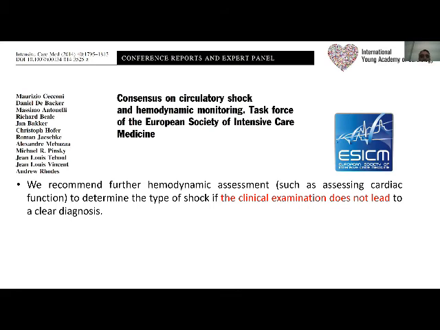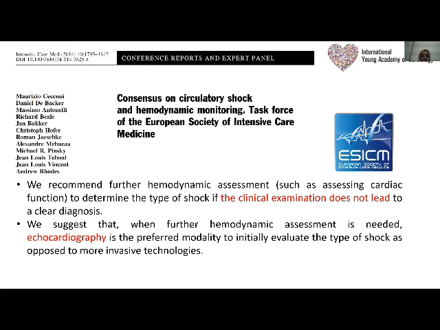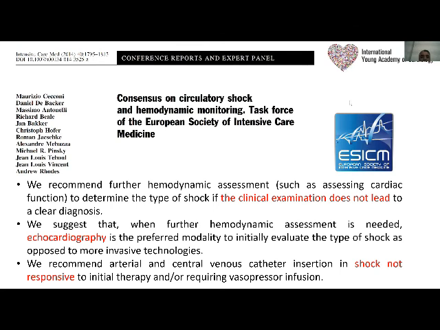They also recommend using hemodynamic monitoring and assessment if the clinical examination does not lead to a clear diagnosis. You can start first with echocardiography, and I'm sure more than 90% of the questions will be answered from echocardiography. If you did not get a response, at that time you may go to further interventions like an arterial line or central venous catheter.